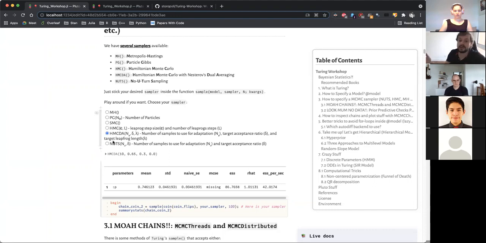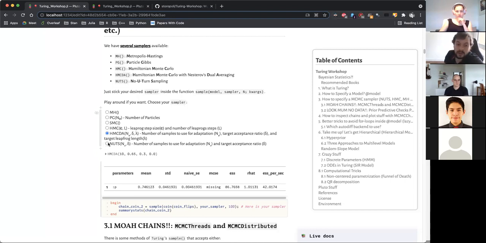And then we can have the NUTS. That's the No-U-Turn Sampler. This is the algorithm that Stan uses, and this is the state-of-the-art Hamiltonian Monte Carlo algorithm for exploring the whole posterior density geometry. It's pretty efficient, and it's very good.